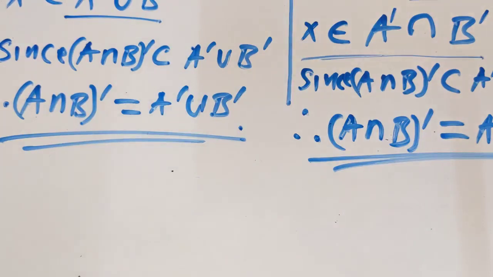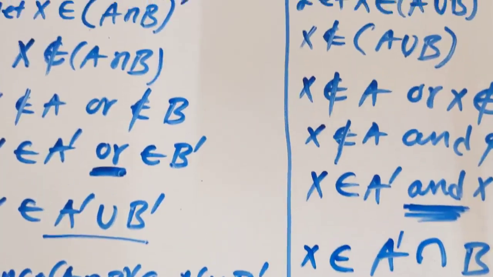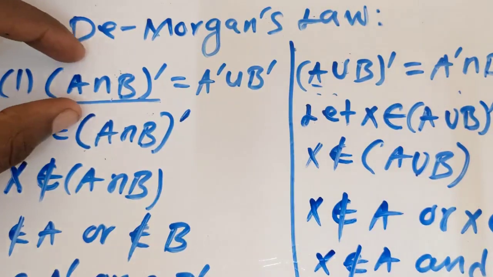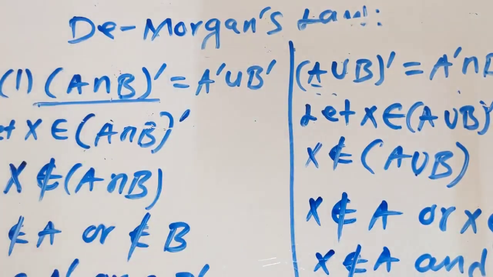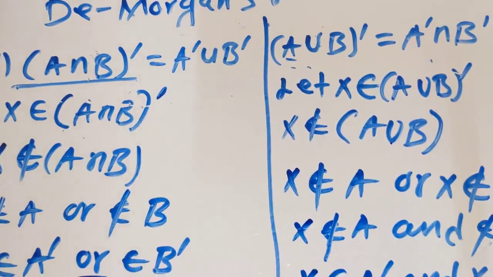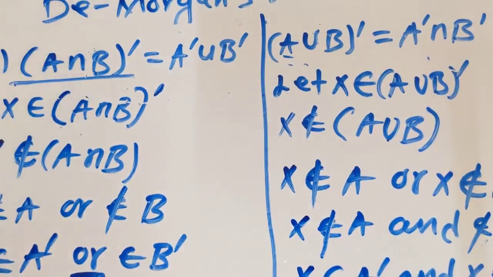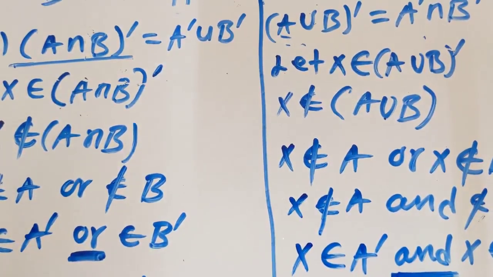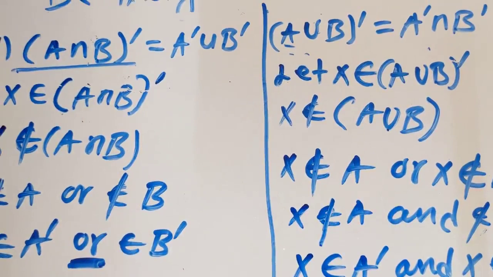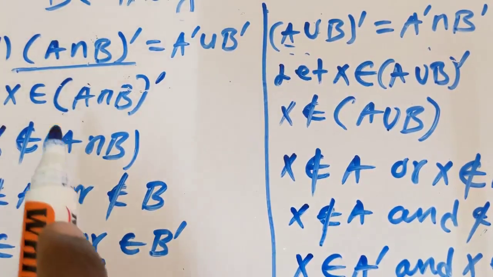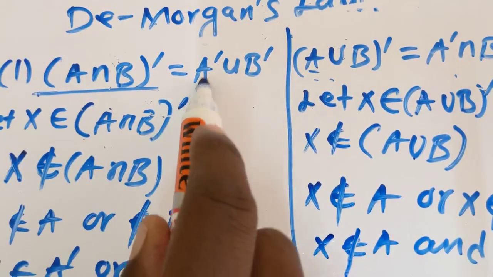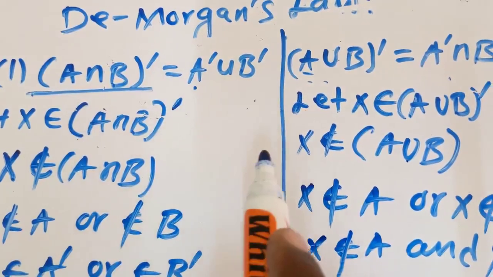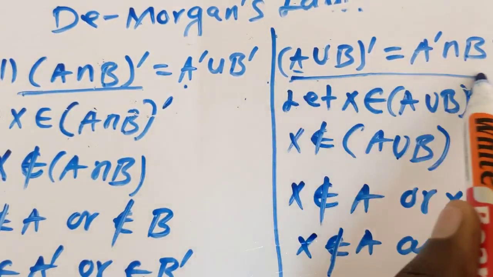So what you need to do is just to remember these two. I've come across a question which says that you should state what De Morgan's law is. So what you're supposed to write there is: De Morgan's law states that A intersection B complement is equal to A complement union B complement, and you write this again.